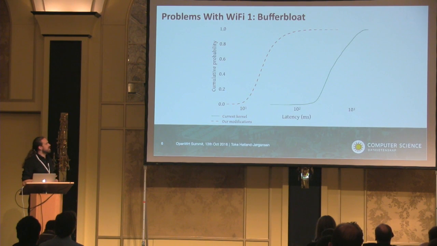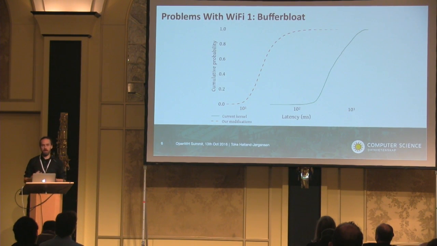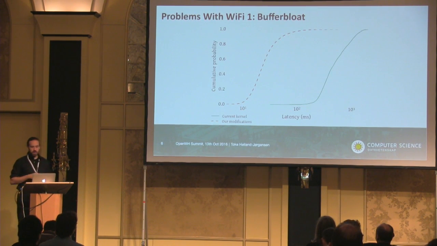This is to give you a sense of what we've been able to do. So this over here, on the right-hand side, is the current default kernel running on the F9K, where when you load up the link and send out packets, note the logarithmic scale here, you will get around 300-400 milliseconds of delay.